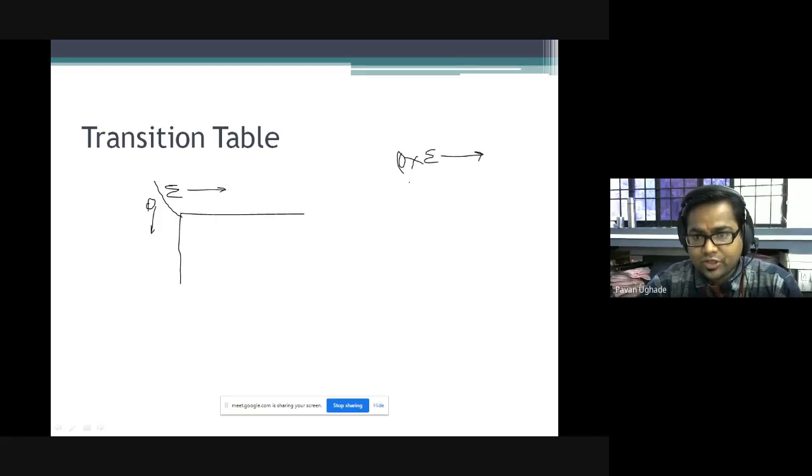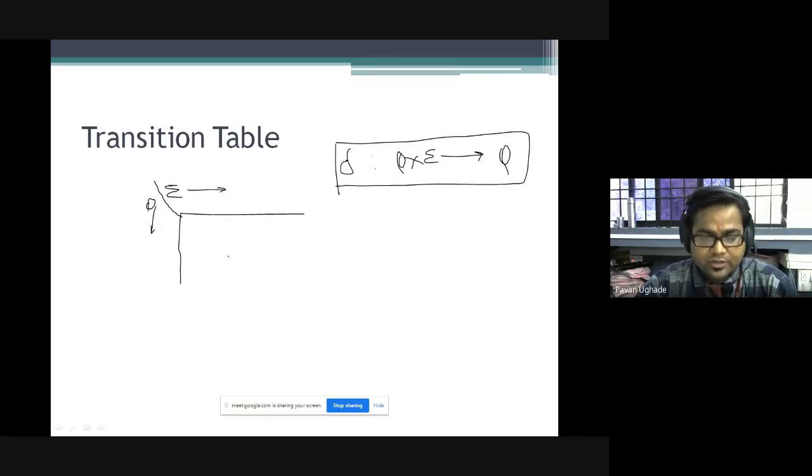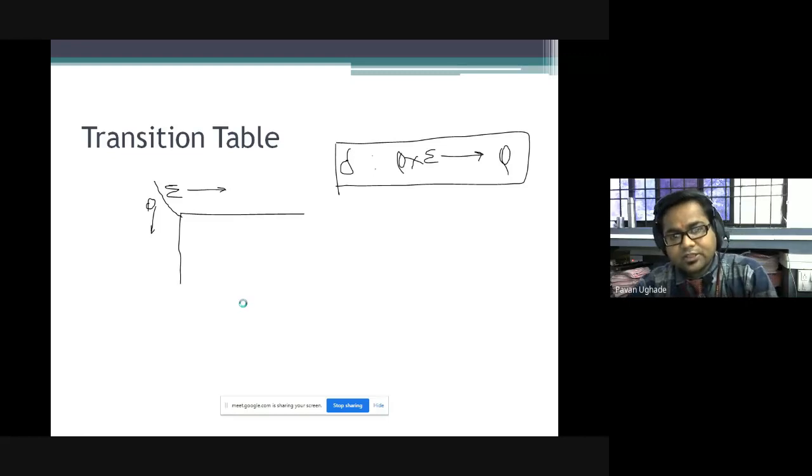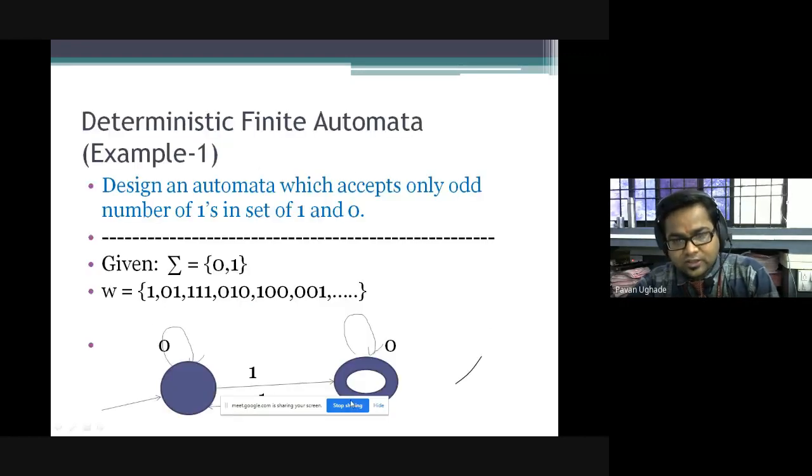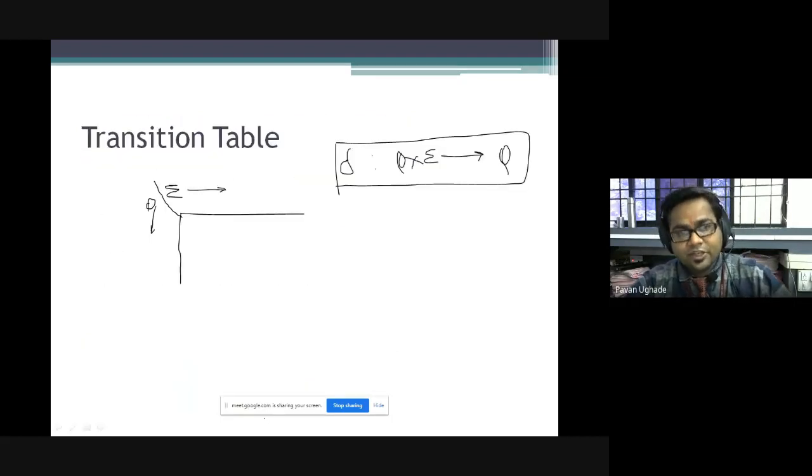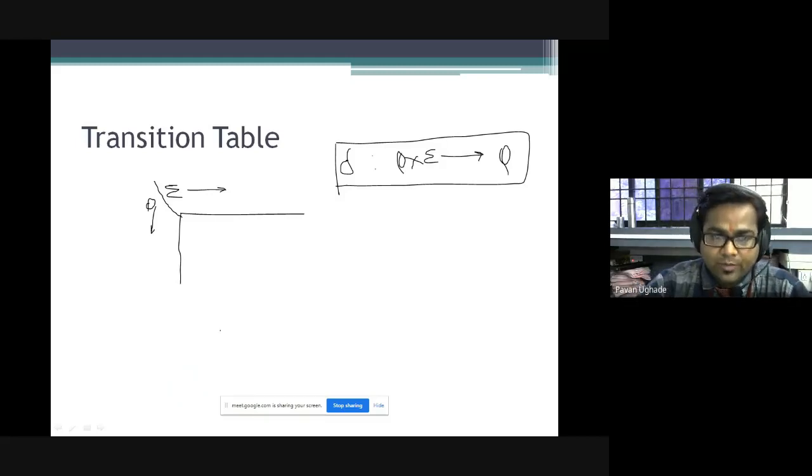We know state versus alphabet gives rise to state, as it is my transition function for DFA, deterministic finite automata. So basically we are simply representing this graphical representation, which we have drawn and call a transition diagram, in tabular format. This is called a transition table.